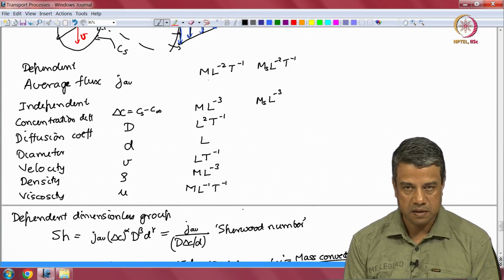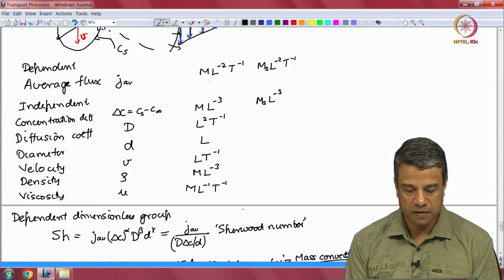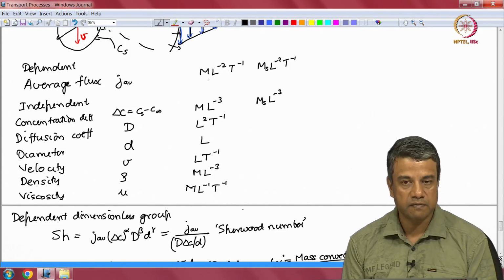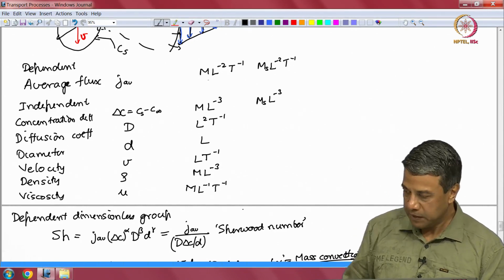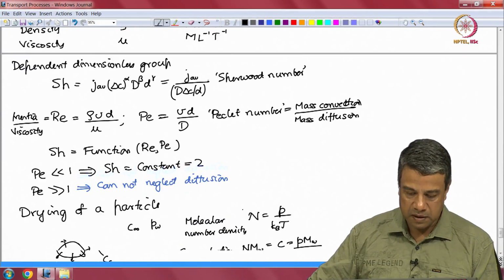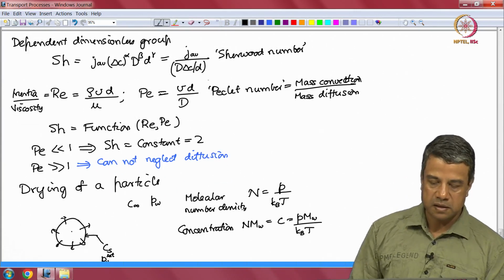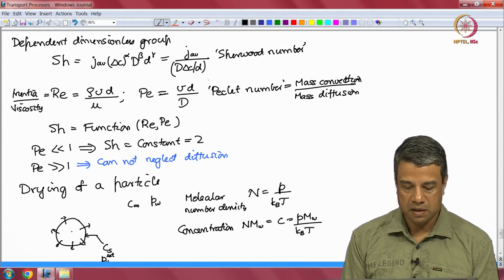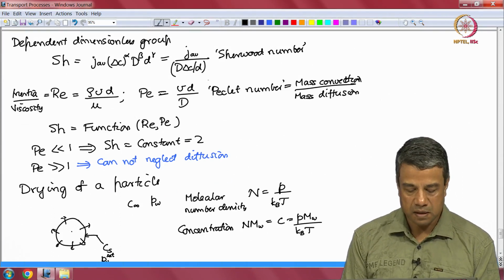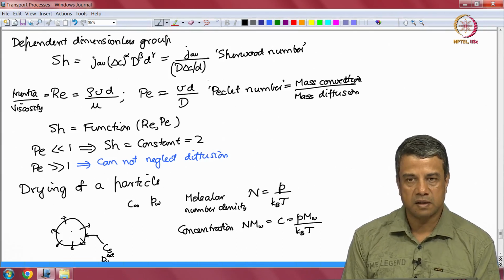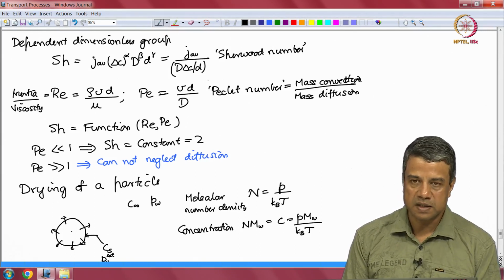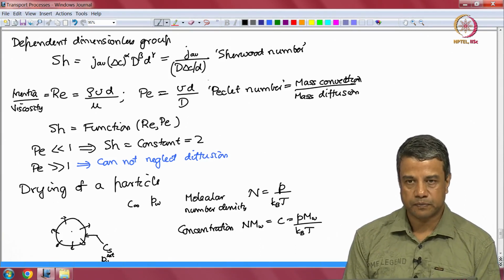7 parameters: the dependent parameter average flux, and the independent parameters concentration difference, diffusion, diameter, velocity and the fluid properties. Based upon that, we had got a relation between the dependent dimensionless group, the Sherwood number, which is a dimensionless flux, and the independent dimensionless groups, 2 numbers: the Reynolds number, the ratio of inertia and viscosity in the fluid, and the Peclet number, the ratio of mass convection and mass diffusion.